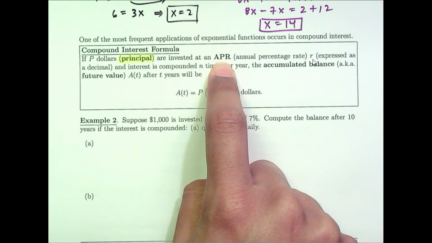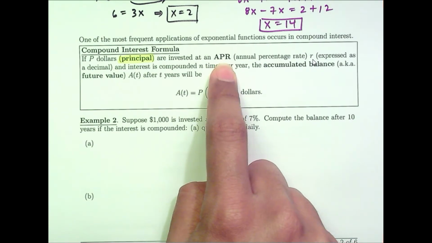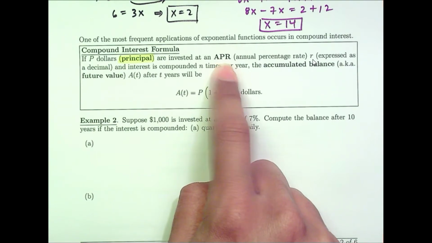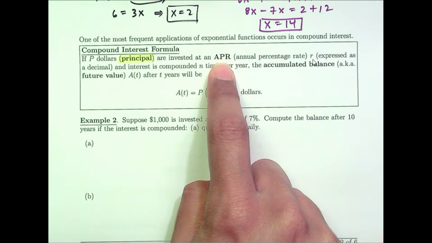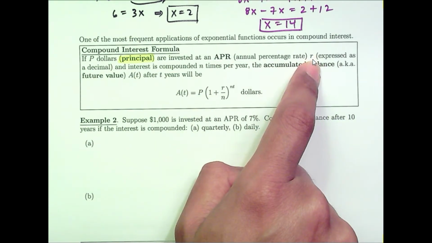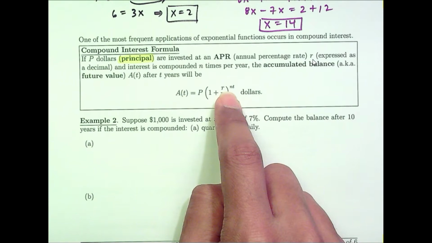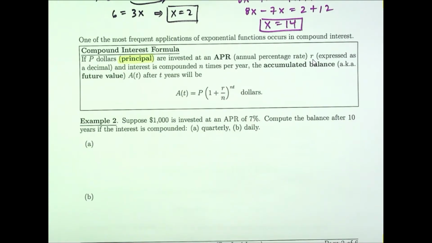And then, of course, you get paid some interest, and the interest is usually given as an annual percentage rate, the so-called APR. The letter for that in the formula is little r, r for rate. When you put it in the formula, you always have to enter it as a decimal. So if they say the rate is 10%, you're not going to put r equals 10.